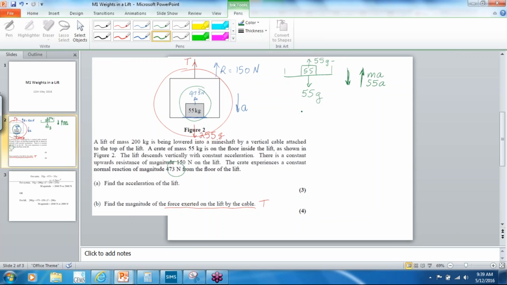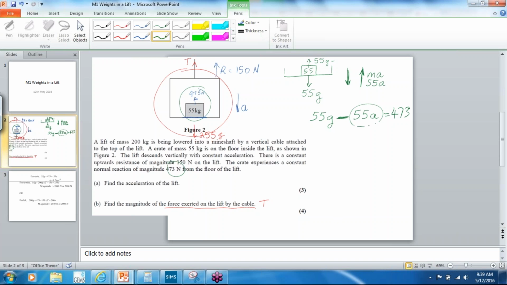Therefore, we will say that our force down, 55g, and take away our force up, which is 55A, that's our force due to acceleration, which is cutting back on that force because you feel slightly lighter, will be 473.